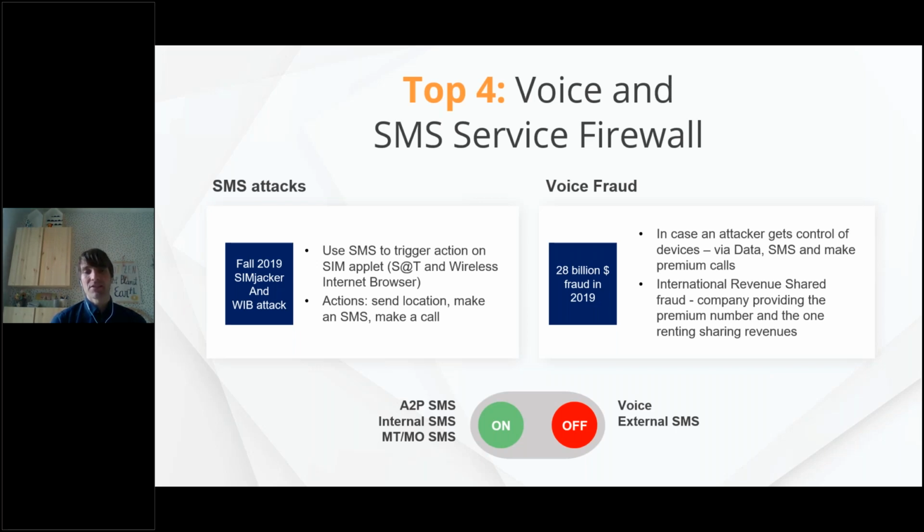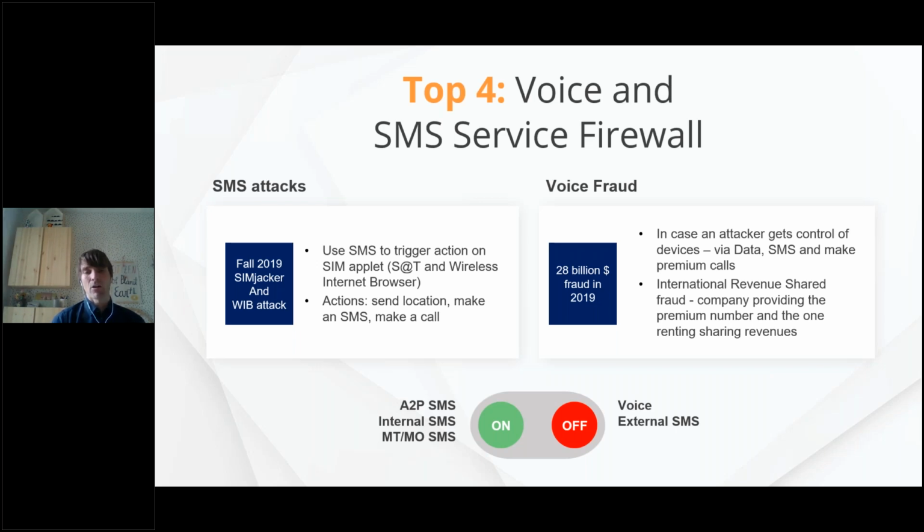So the suggestion here is really to limit the services down to what is necessary for your service. If your service does not need voice, which is the case in most IoT use cases, make sure you are turning off voice. Your cellular connectivity provider should be able to turn off voice.